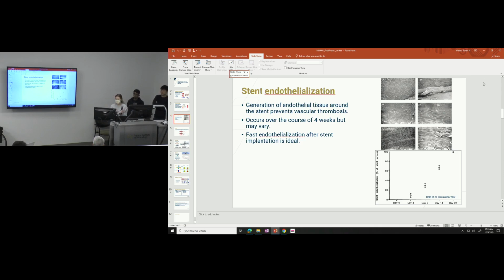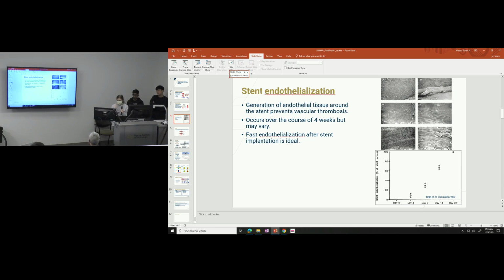So this figure on the right here, we actually saw in a study, and this shows 0 days after stent implantation. Figure B shows after 7 days or a week, and then C is after 28 days. So you can see in the bottom one the development of these cells here, and this is the endothelial tissue. Figures D through F here are at about 300 times magnification in comparison to the first one, just to give you a closer look of what this actually looks like.